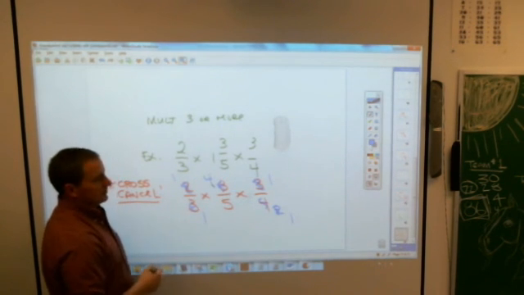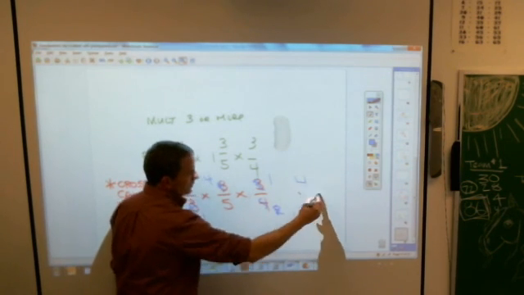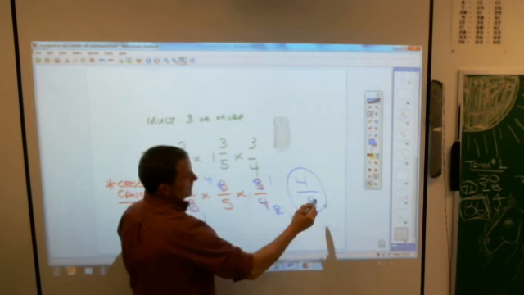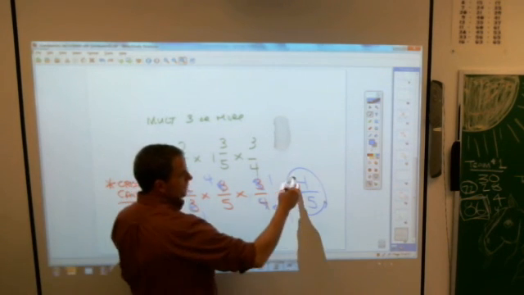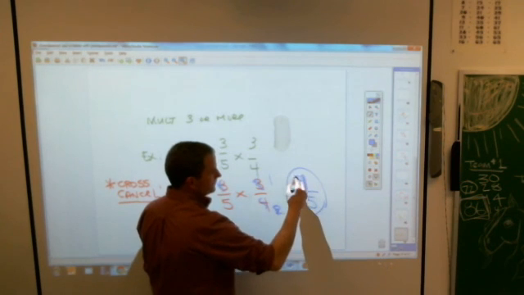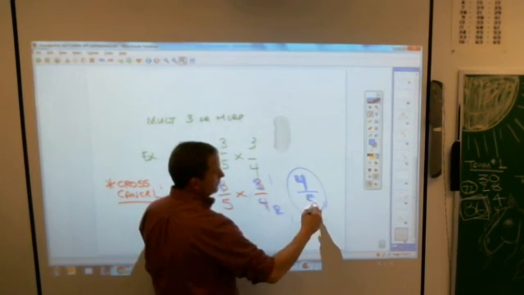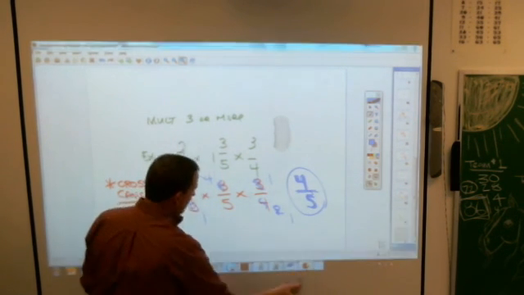And then once you've done as much of that as possible, then you can multiply 1 times 4 times 1, which is 4, and 1 times 5 times 1, which is 5. If you cross cancel all you can right away, you should never have to reduce in the end. Everybody happy? How happy?